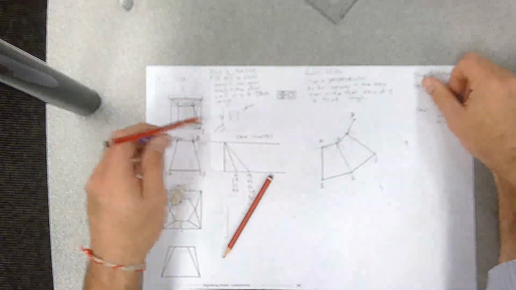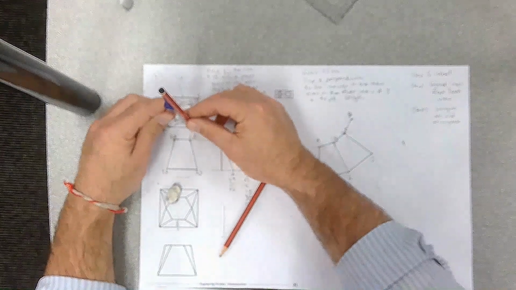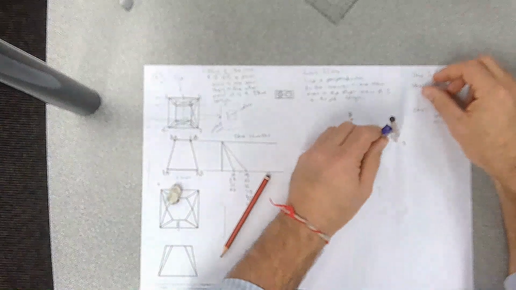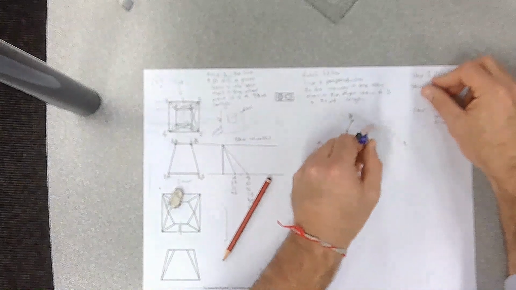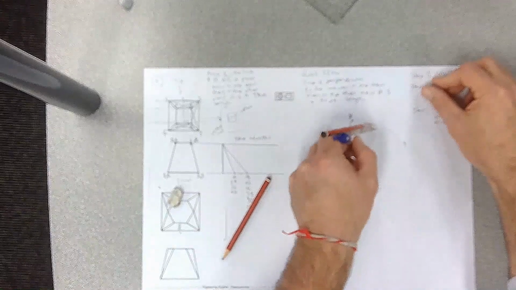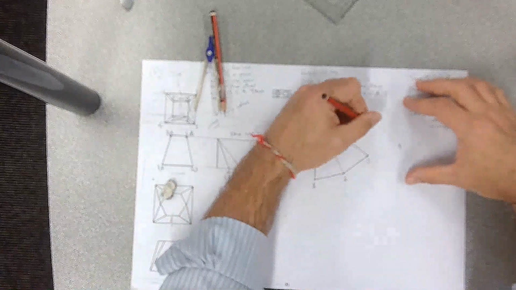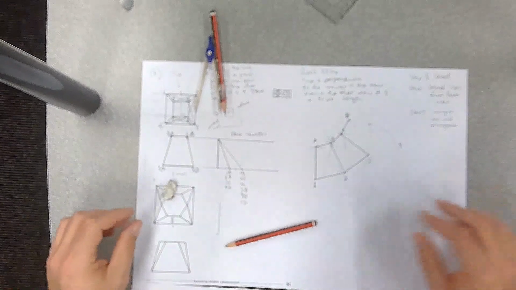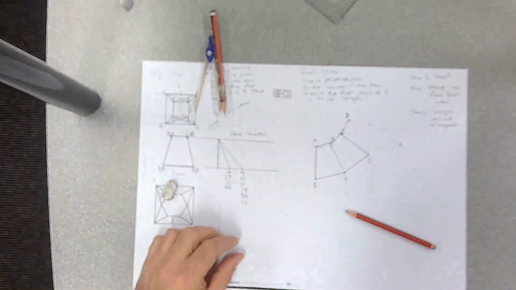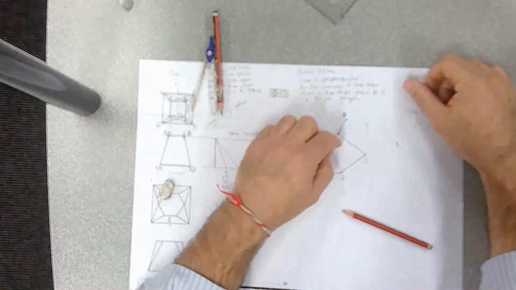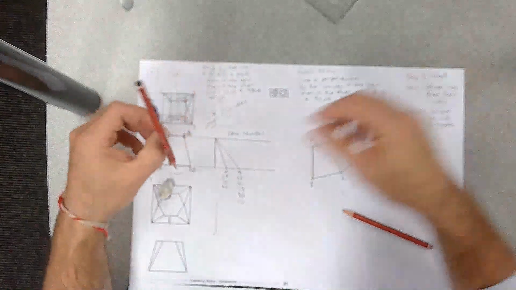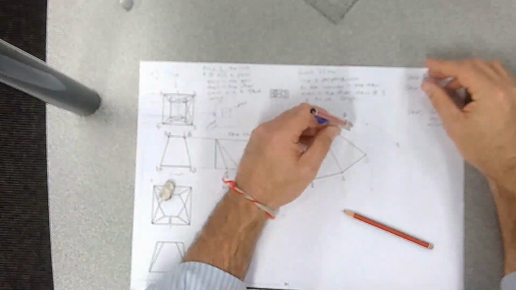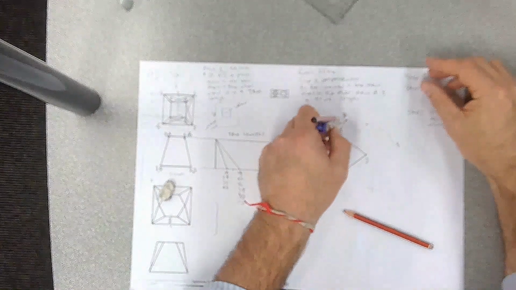And this, so we need to get 3 to 4 again, and swing that arc so that it crosses this arc. Okay. So we'll just double check that again. We went from C to D, and C to D is a true length. So we swung our arc.